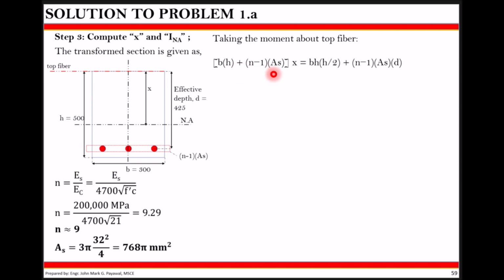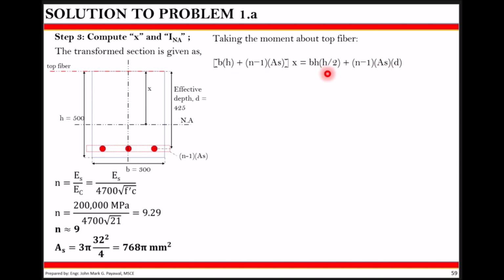Area total multiplied by the global X distance is equal to the summation of your individual areas multiplied by their individual distance to top fiber or local distances. So ito, area of my concrete, BH, its distance is H over 2, again from the top fiber. N minus 1 multiplied by AS, lever arm would be D.